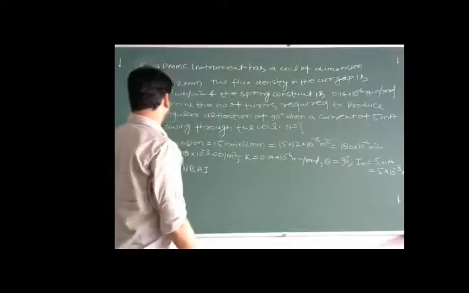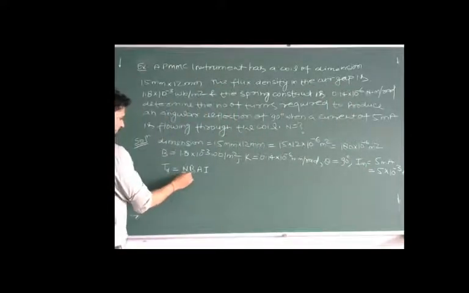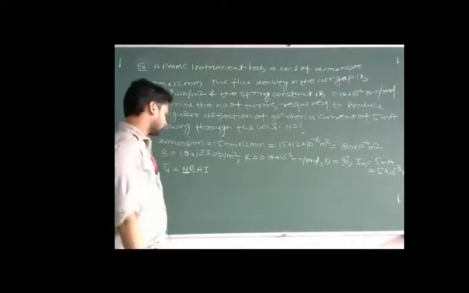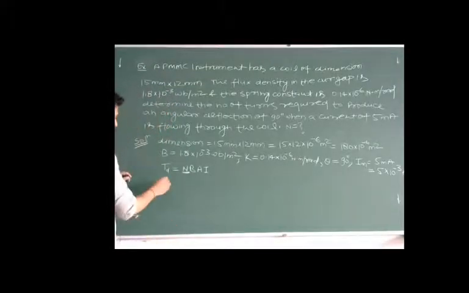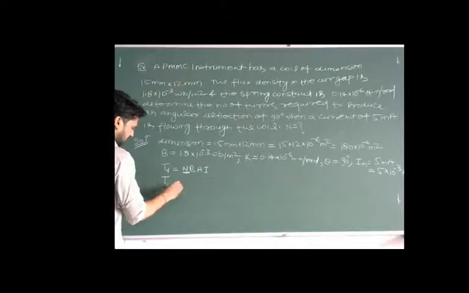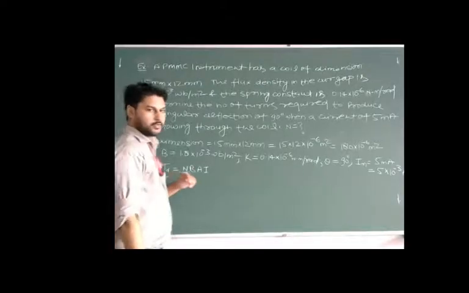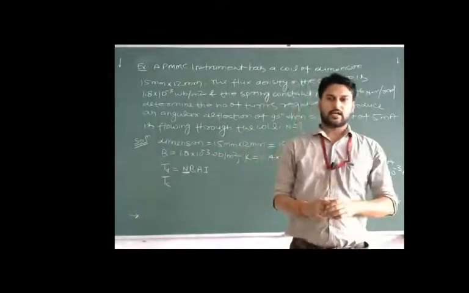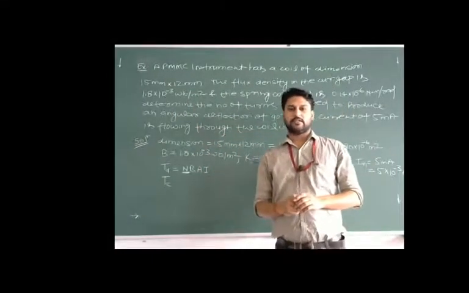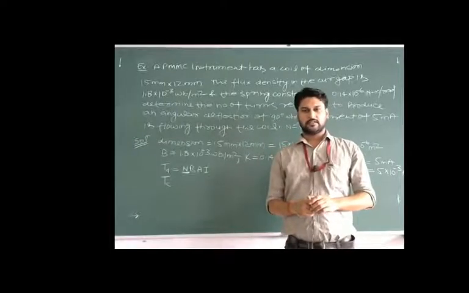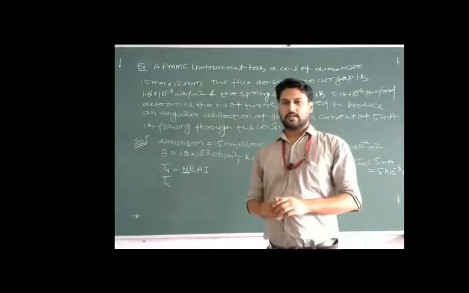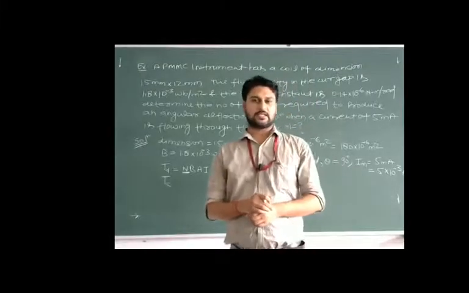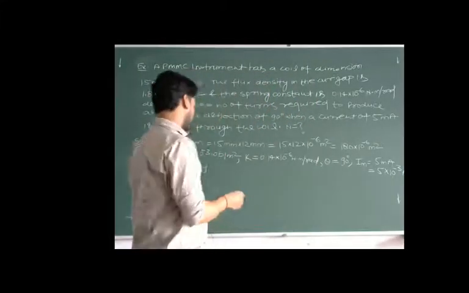So what is unknown here? The number of turns in the coil. To calculate the controlling torque, because the spring control mechanism is used in the PMMC instrument, the controlling torque is produced by a pair of springs, and the torque generated by the spring can be given as K into theta.